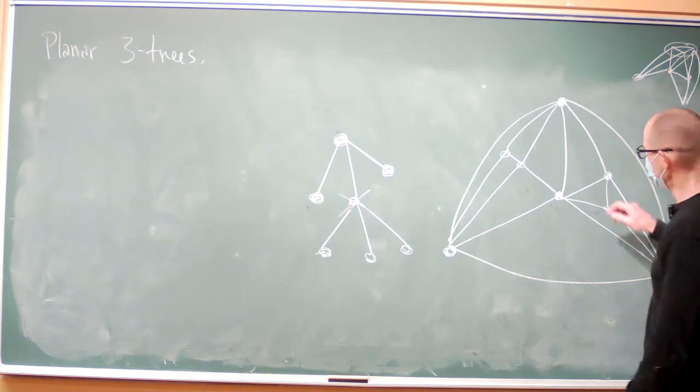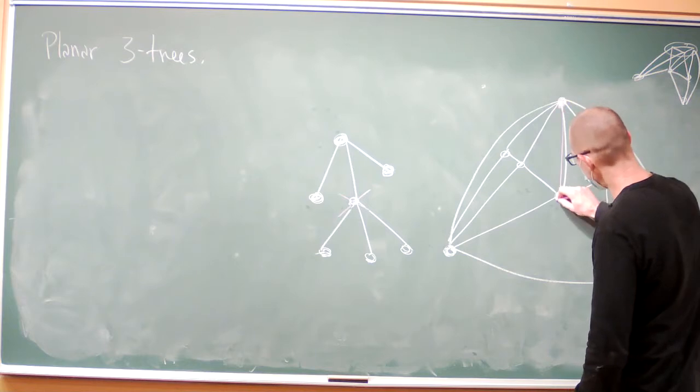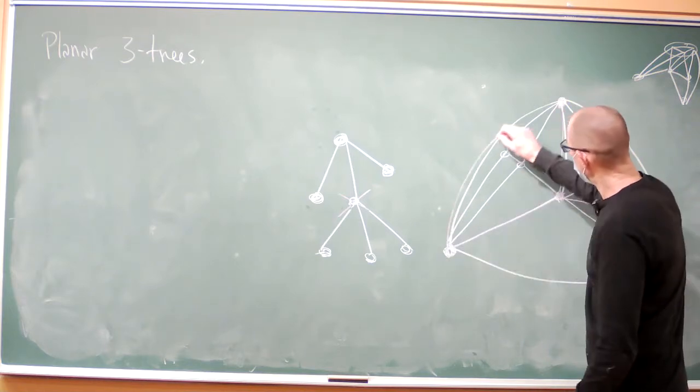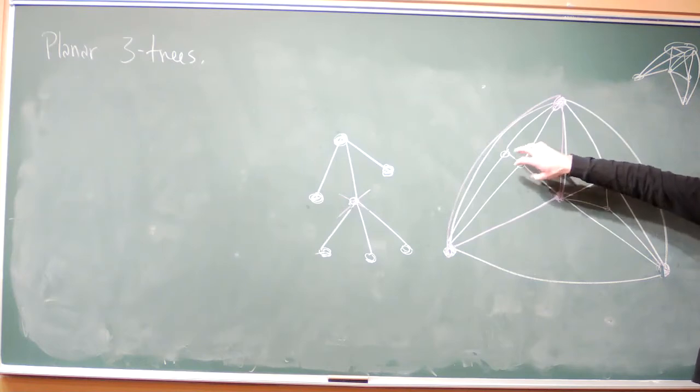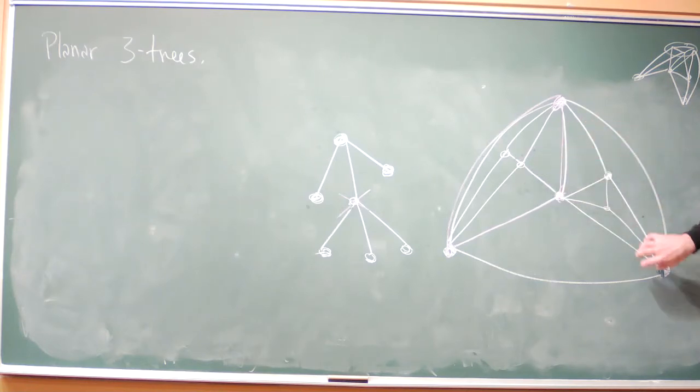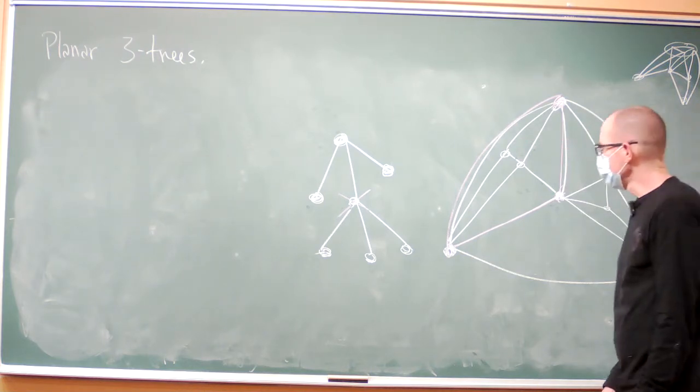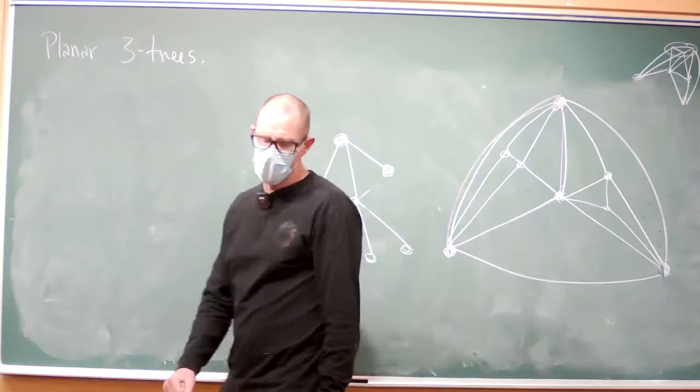Actually, here's a good example, like this one, that if I take it away, there's some stuff inside the triangle, there's some stuff outside the triangle, and none of them is more than 2/3 the total number of vertices. So nicely balanced in a way. Makes them really handy for divide and conquer algorithms.